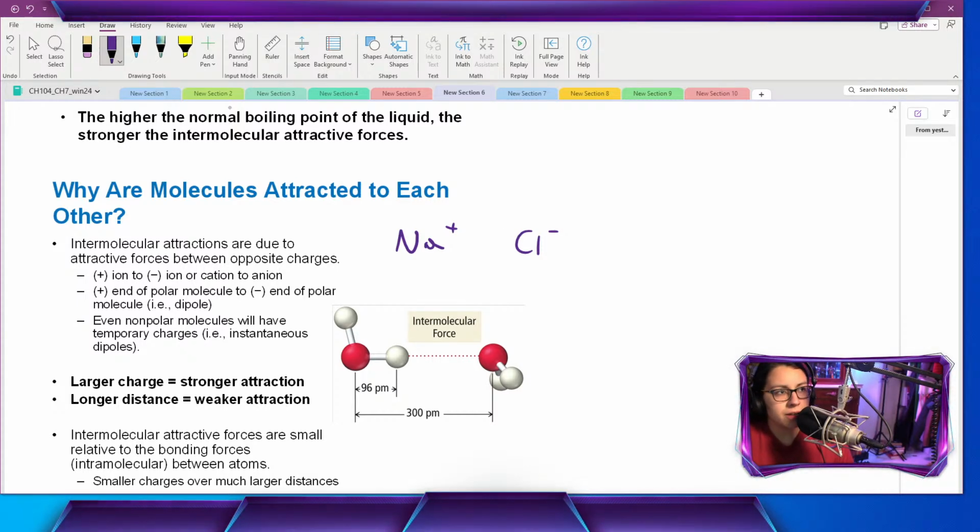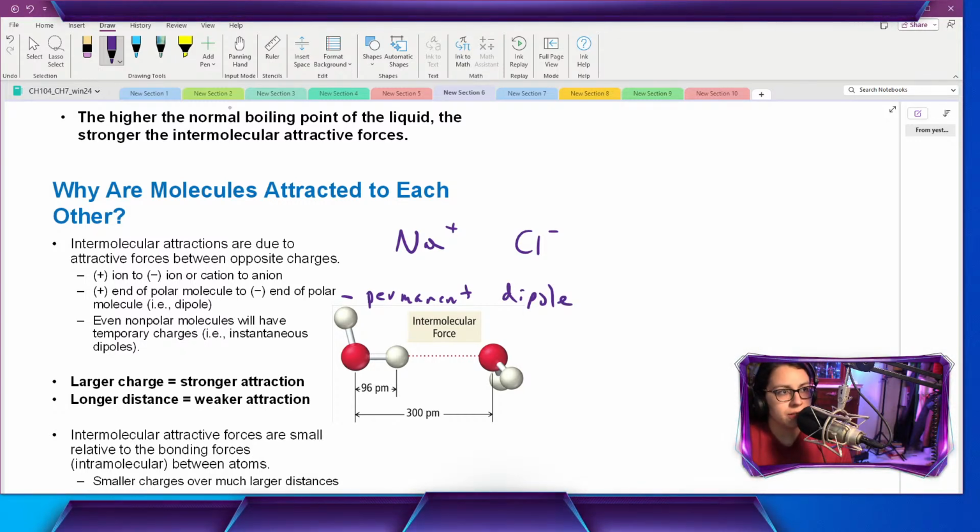But we can find that we don't have to have a complete ion to have these electrostatic interactions. So we can have them with a polar molecule, so we'll look at those. And so a polar molecule, kind of the key is that it has a permanent dipole. But again, we'll look at that in more detail.